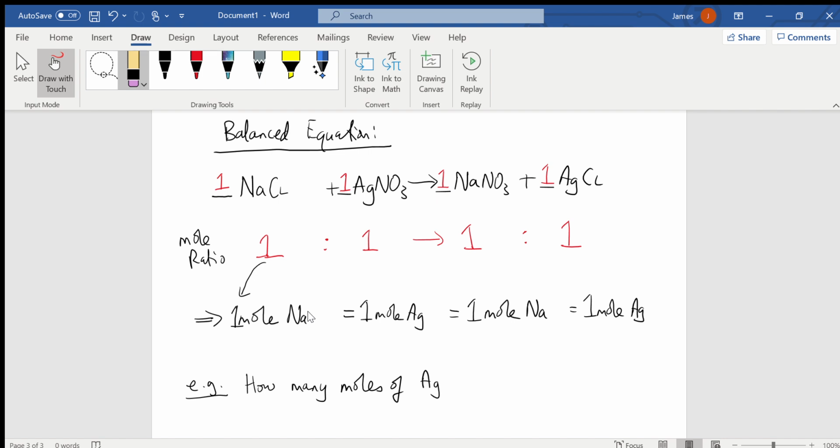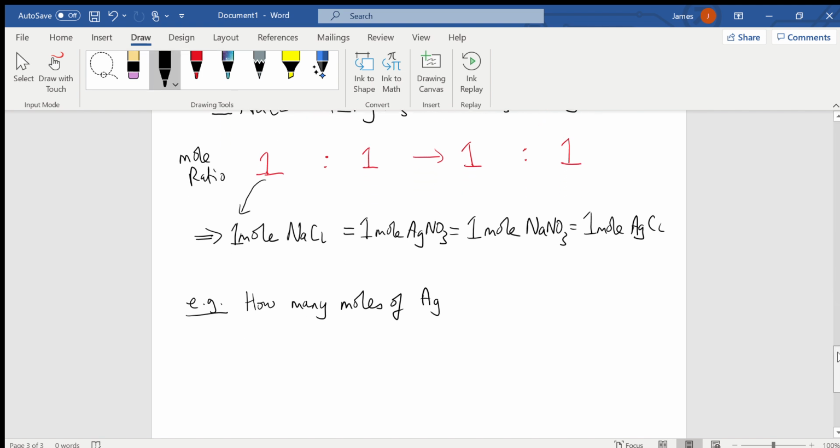Okay, so it takes but a moment. So NaCl, AgNO3, NaNO3, AgCl. All right, that was close. All right, so let's get back. I spotted it as soon as I started writing AgCl.